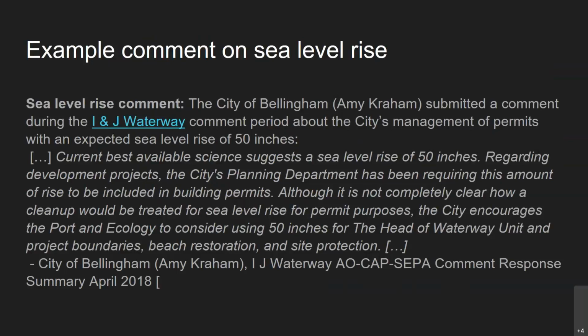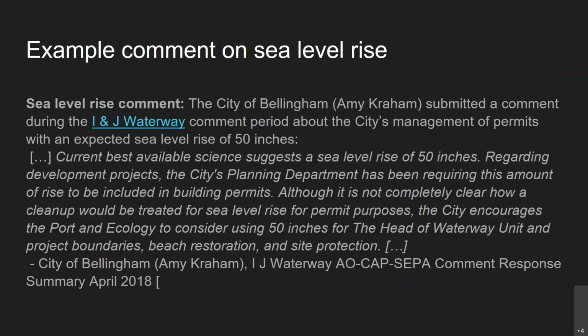I'll give you a moment to read that. In summary, the city encourages Ecology to consider using 50 inches for the head of the waterway unit and project boundaries, beach restoration, and site protection. And so that was her comment.